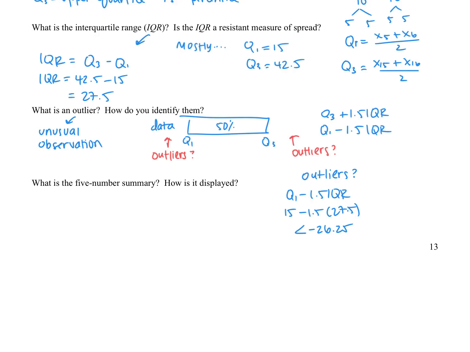So no low outliers. In terms of high outliers, we take Q3 and we're going to add 1.5 times the IQR. So we're going to take 42.5 and we're going to add 1.5 times the 27.5. So anything higher than 83.75 is an outlier. We do have an 85 in the data set. So we do have one outlier, and it's at 85.